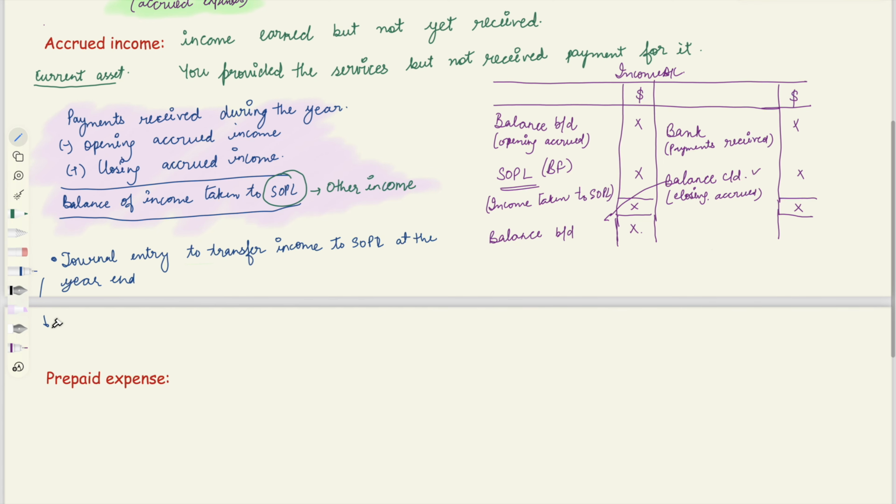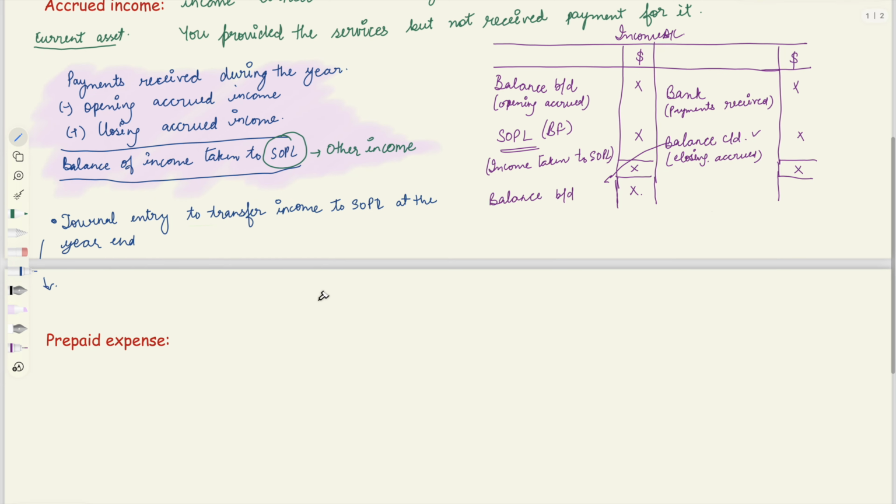That is going to be your income account debit and statement of profit or loss credit. You need to understand one thing: expenses are debited to the statement of profit or loss and incomes are credited to the statement of profit or loss. Okay. Another journal entry, when we receive payments: bank account debit, income account credit.